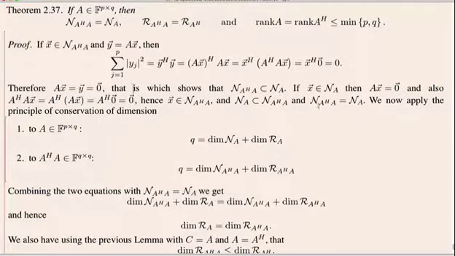We also have that the null space of AHA is the same as the null space of A. So comparing the two different sides and using that, we can cancel the same terms on the two sides, and we get that the dimension of the range of A is the same as the dimension of the range of AHA.